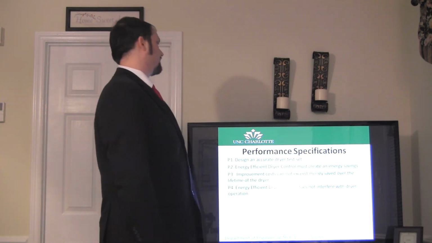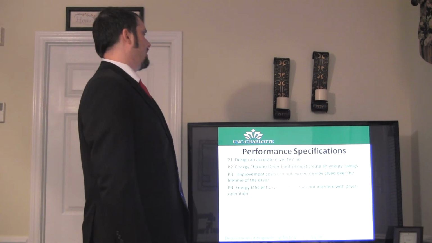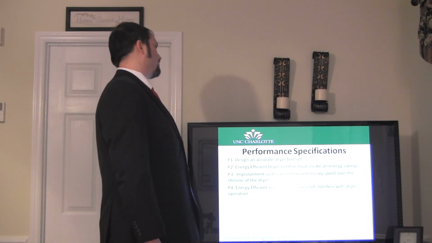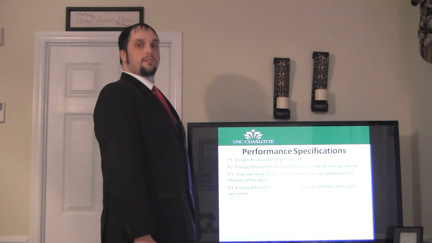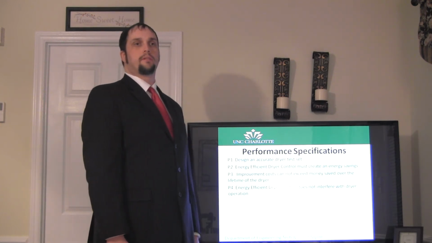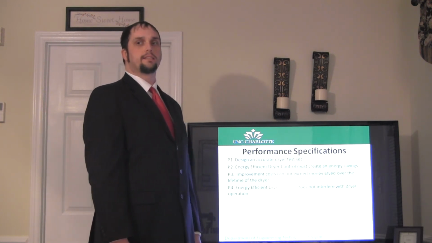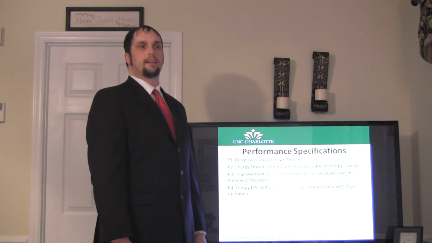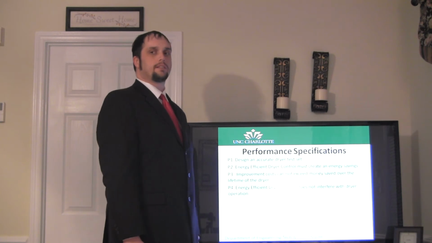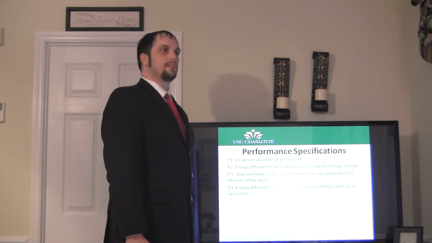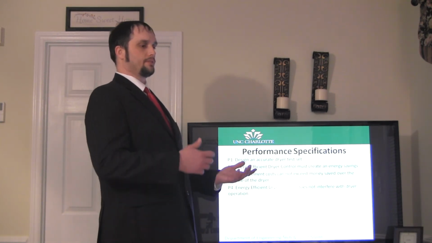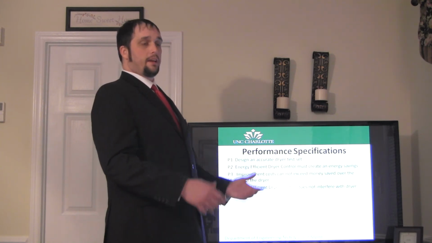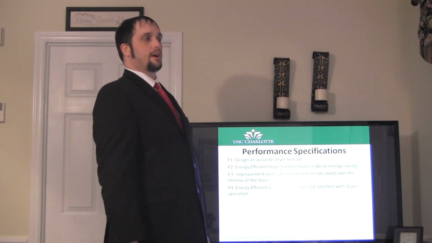P3 is improvement costs cannot exceed money saved over the lifetime of the dryer. That can be measured by performing a cost analysis on the attachment, and it will consist of an opportunity cost of using the attachment as opposed to not using the attachment over the life of the dryer.